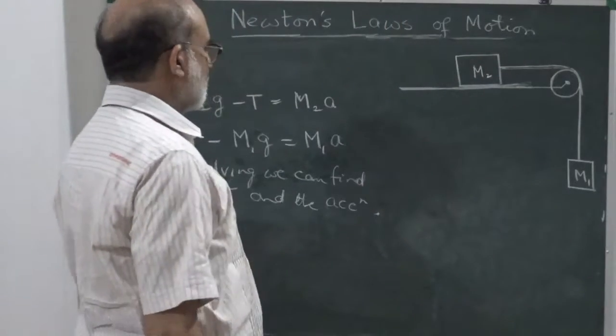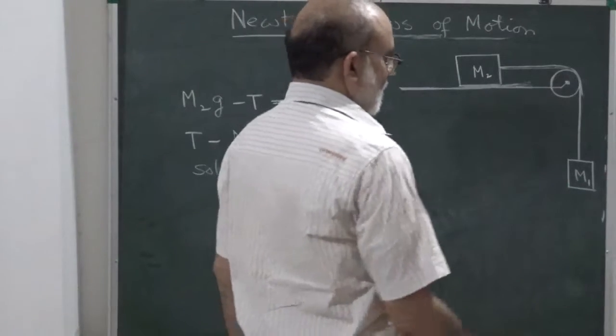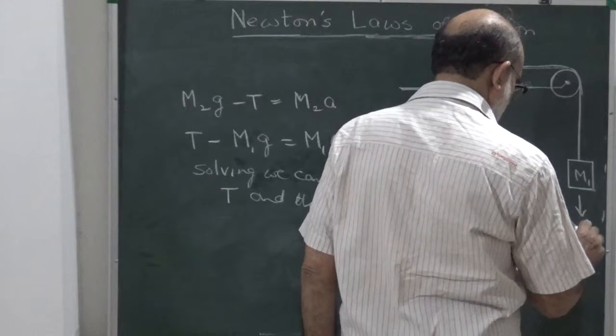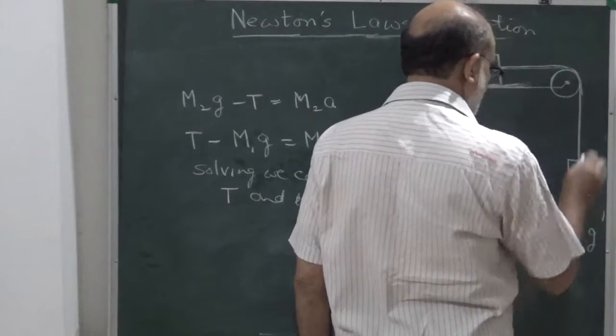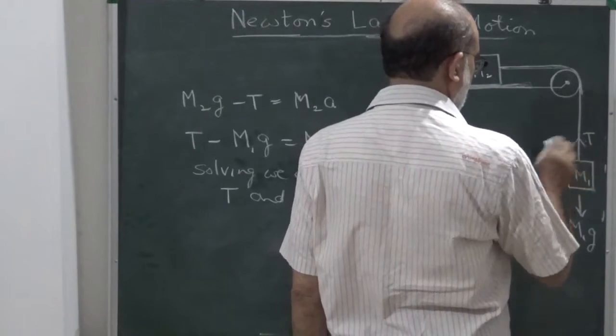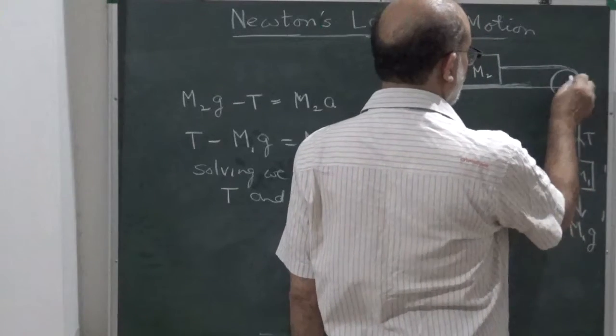This is simpler than the earlier one. Here, the force of gravity is M1G and the tension in the rope is say T. And again we assume the rope to be massless and the pulley to be smooth.